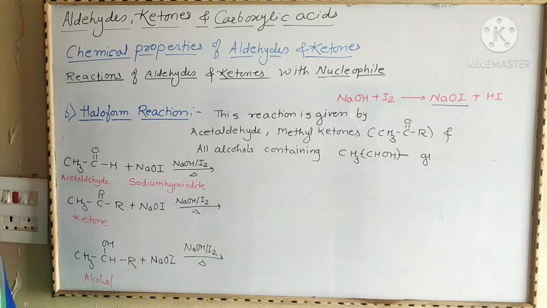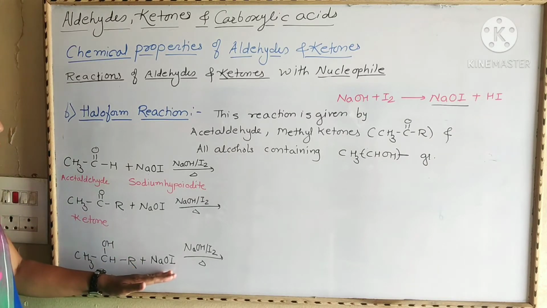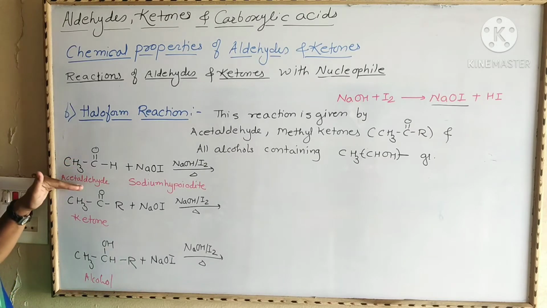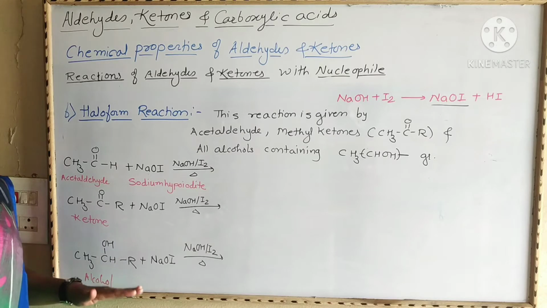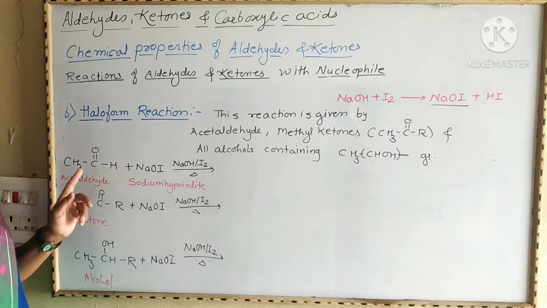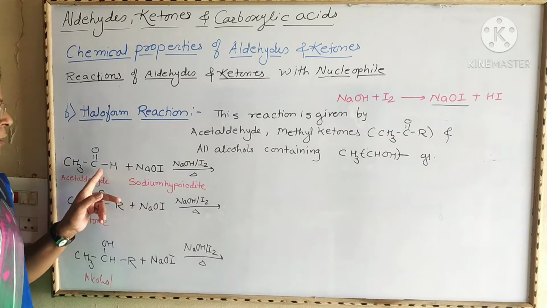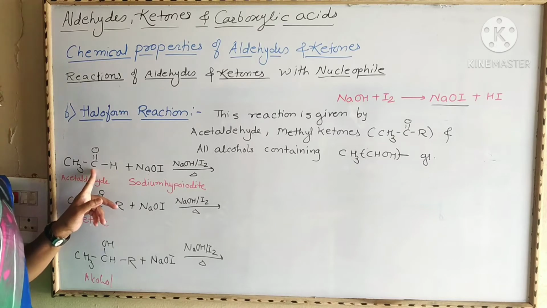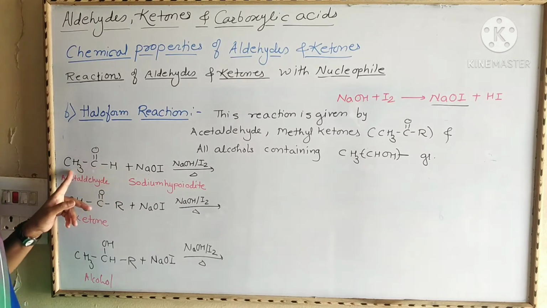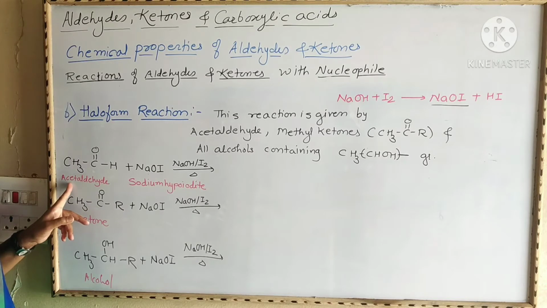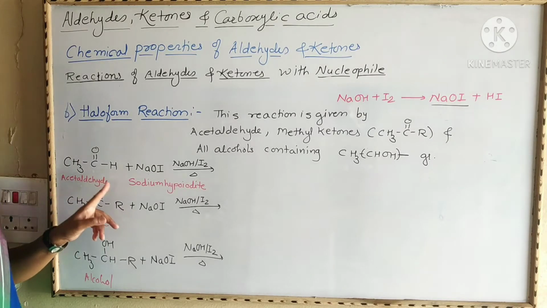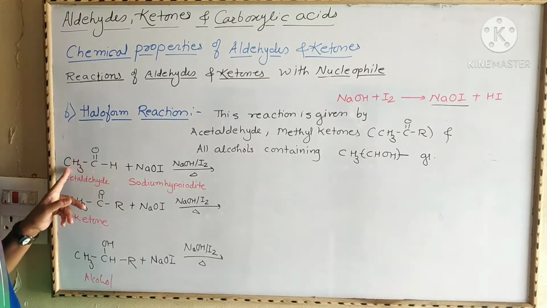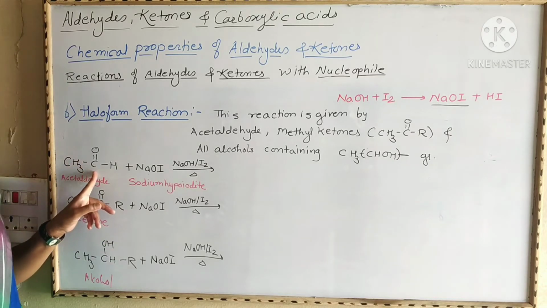And here we are going to see the reaction of this sodium hypoiodide with aldehyde, ketone and alcohols. Now here there is a condition that the carbonyl group must be attached to one CH3 group, and we know that only acetaldehyde is the aldehyde which possesses CH3 group attached to the carbonyl carbon.